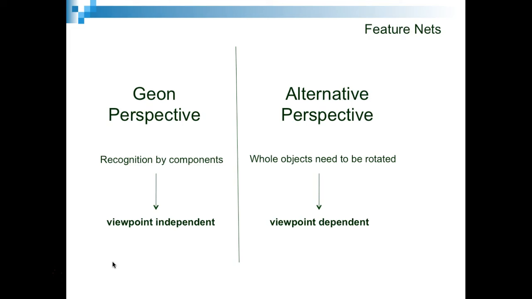However, an alternative perceptual theory for object identification posits that we perceive objects in a viewpoint dependent way. And you should read this carefully in the book because it's not that obvious. But the idea goes like this.